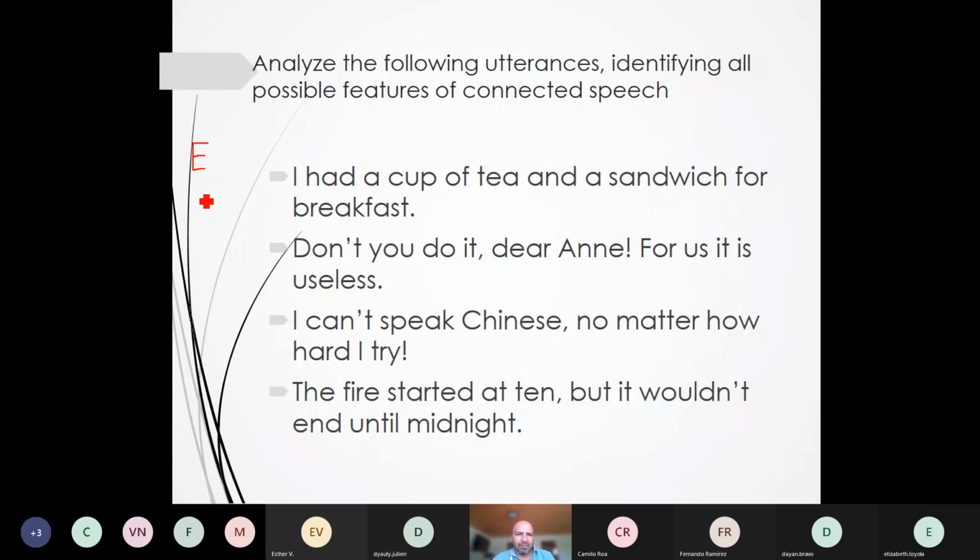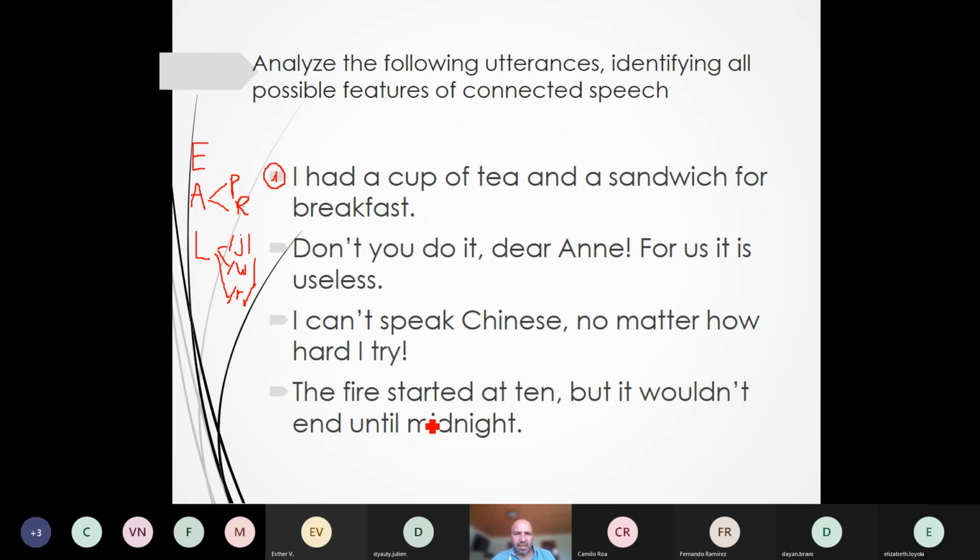We can think about assimilation, either progressive or regressive. And we may think about linking, right? Linking j, or linking w, or linking r, or even you may think about other intrusive features, all right? So the idea is that you take a moment to work on number one, and then we're reviewing your answers, okay? And then we move on to the next one, okay?